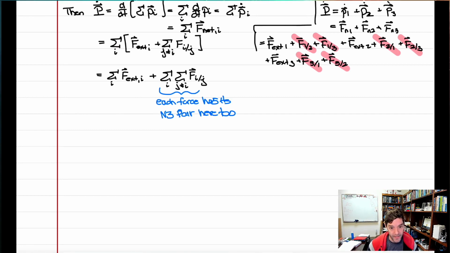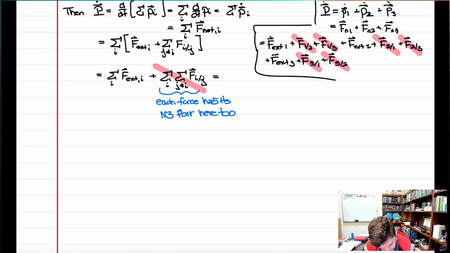And that happens no matter how many particles there are. So ultimately, this entire thing adds up to 0. And we're left at the end with this just being equal to the sum over all the particles of the external forces acting on the particles.